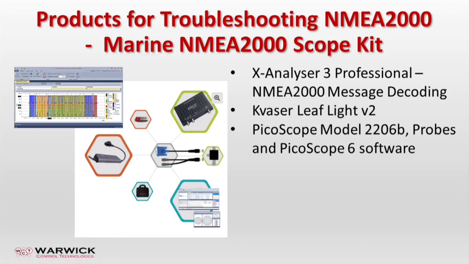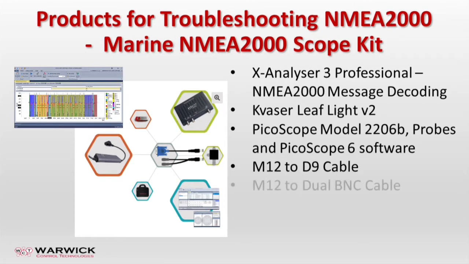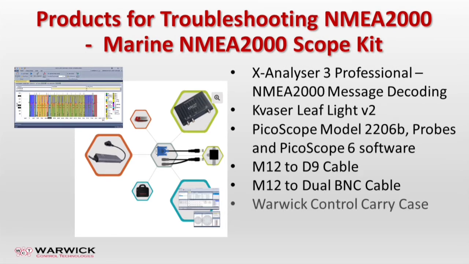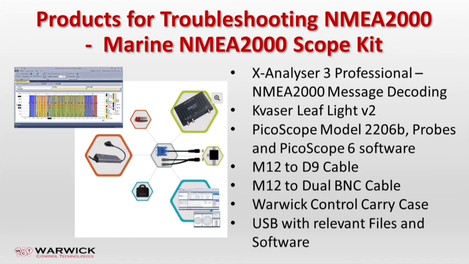M12 to D9 cable to interface from X-Analyzer to the NMEA2000 network, M12 to dual BNC cable to interface from the Picoscope to the NMEA2000 network, a Warwick Control carry case, and then a USB stick with the relevant files and software.